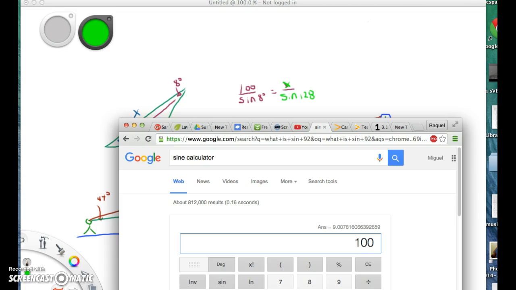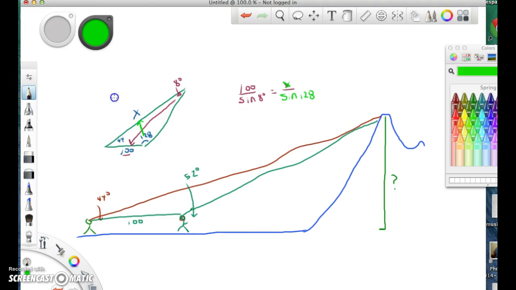So 100 times sine of 128 equals, we'll divide that by the sine of 8. So 566. Okay? So now we have, this is 566.